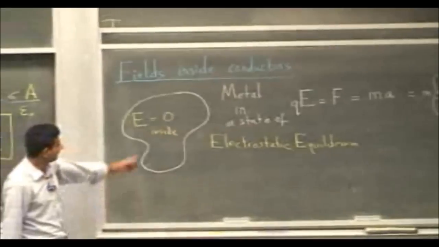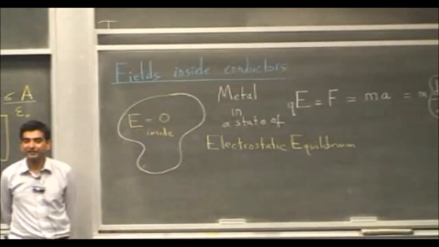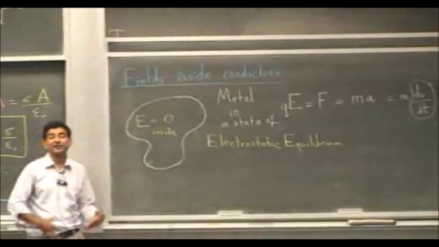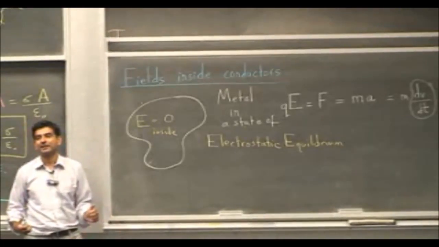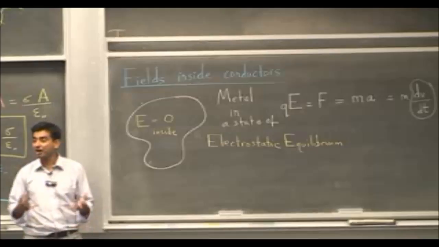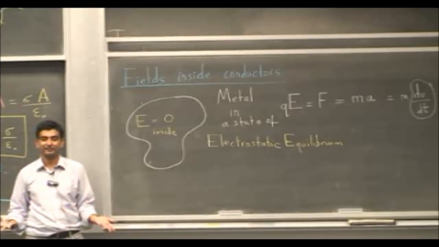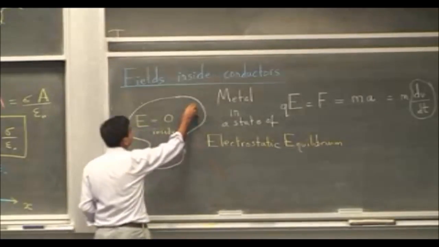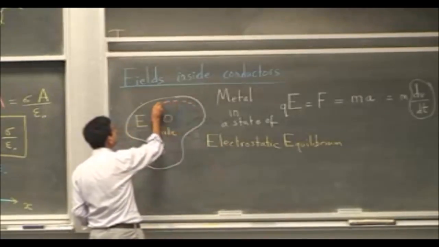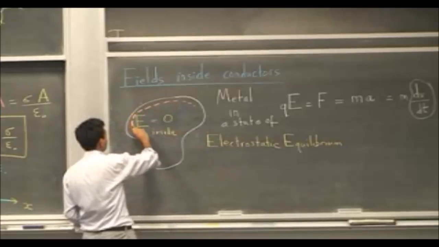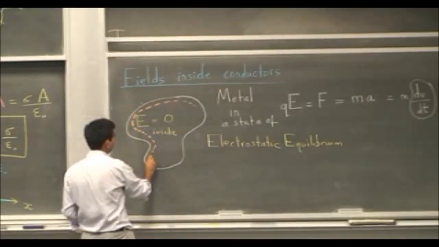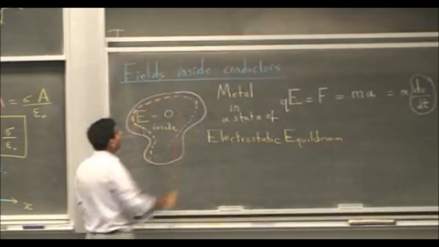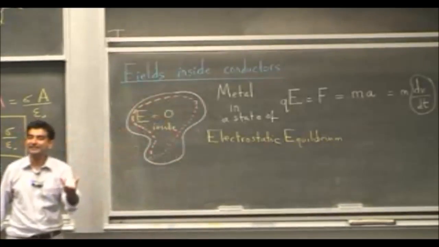Alright, now if the electric field inside the conductor is 0, I want to use Gauss's law in reverse. I want to tell what is the charge inside a conductor. So if I draw a surface that is inside the conductor, I know that the electric field through this Gaussian surface is 0.